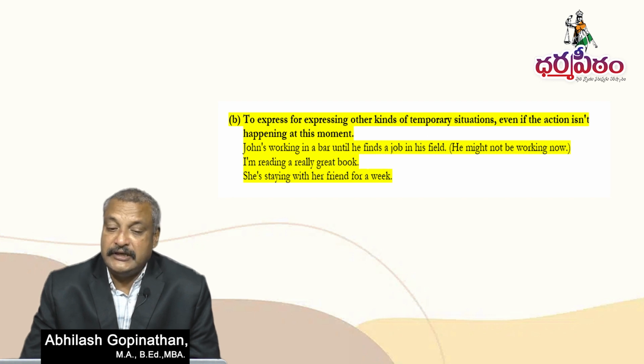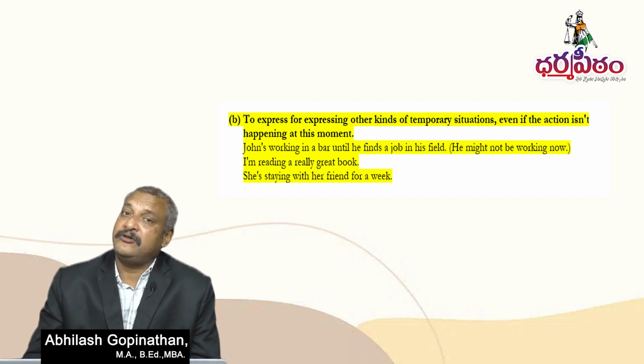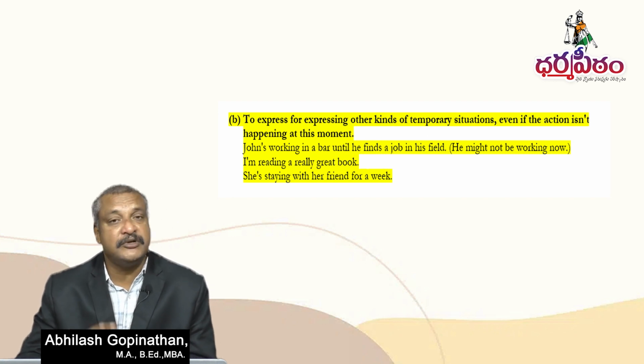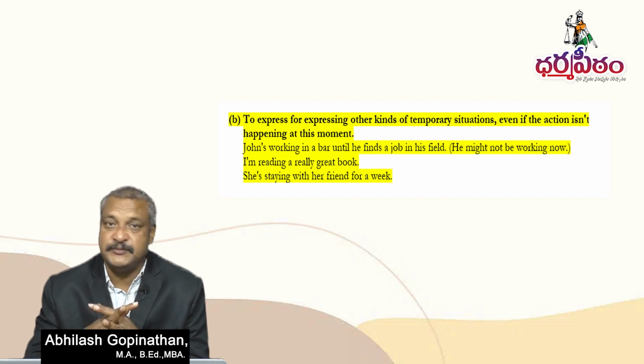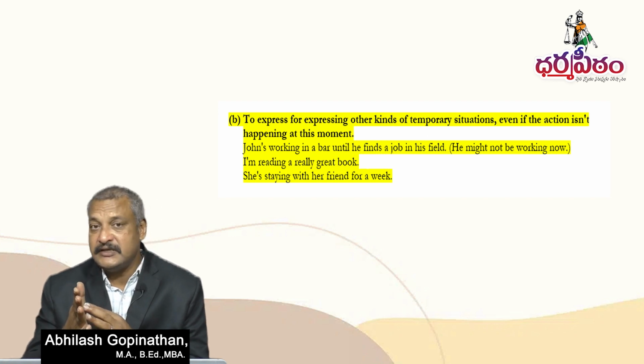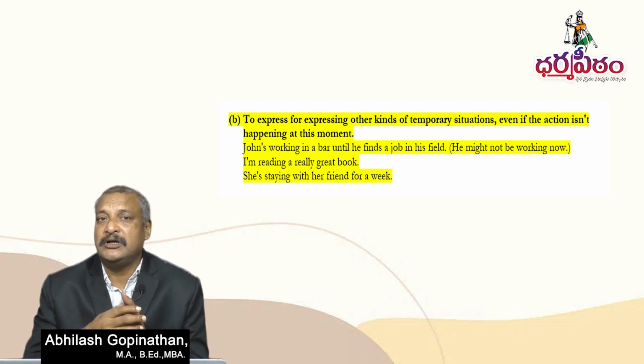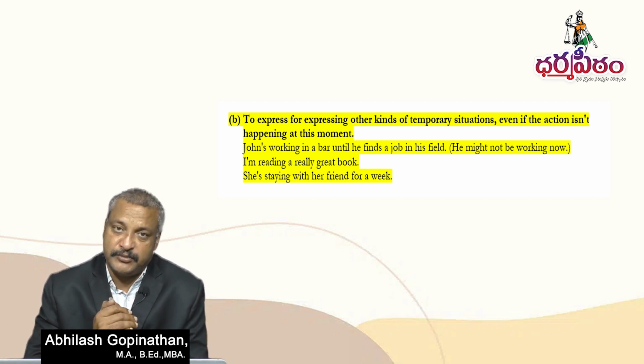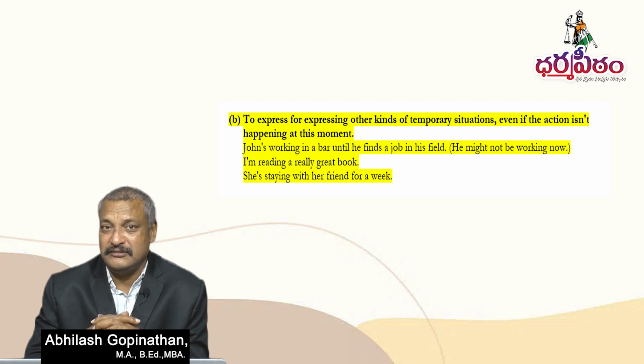He has a particular level of education and is searching for a job related to his field of expertise. Until he finds one, he is working as a helper or a salesman in a shop. So he is working right now in a temporary position which is not a permanent one.